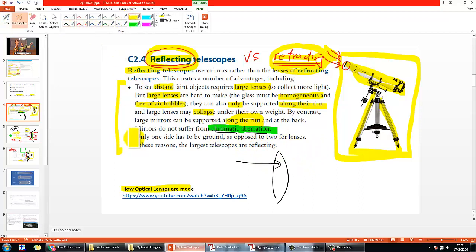And for mirror, the light when they go in simply get reflected on the surface. If this is a mirror, all right, there would not be any chromatic aberration. So that would be a very good point to improve the image. And this one, yeah, basically it's like what I said. Okay, so that's why for the largest telescope, they are always reflecting.